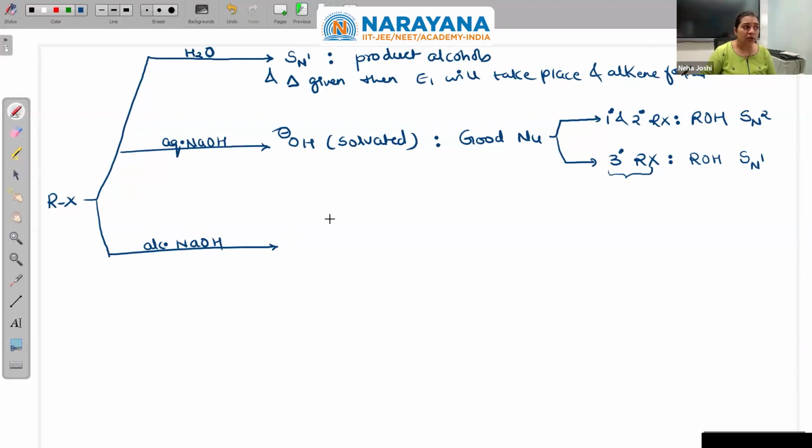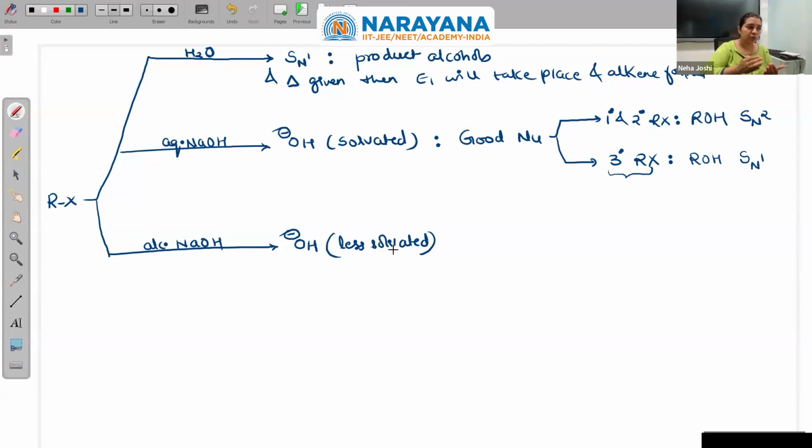Now, if I go to alcoholic KOH, still my attacking species is OH minus only. But alcohol being a less polar protic solvent than water, I will say less solvation. So the alcohol is not surrounding OH minus to the extent water was doing. As a result, this OH minus is stripped off of its support system.